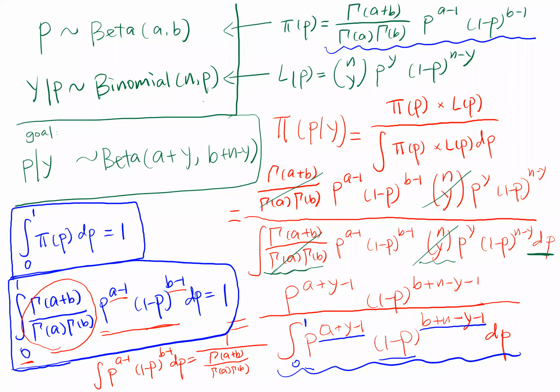So use this hint, because obviously we can recognize that the bottom can be integrated to some constant, and the way that we can get the constant is by recognizing the powers. And the powers are going to come from a posterior distribution, okay?